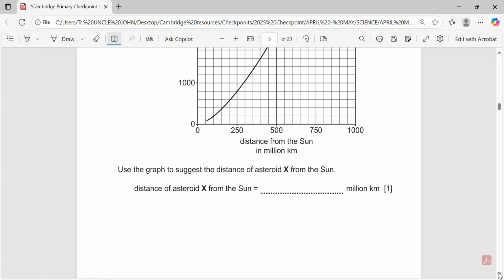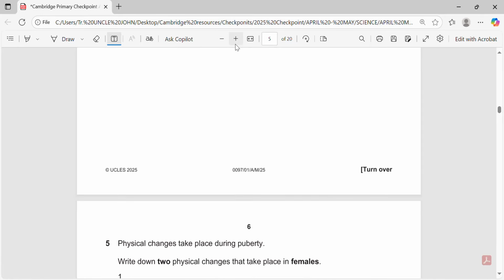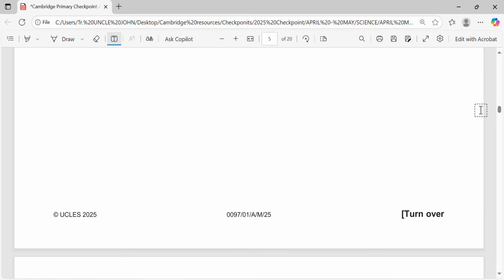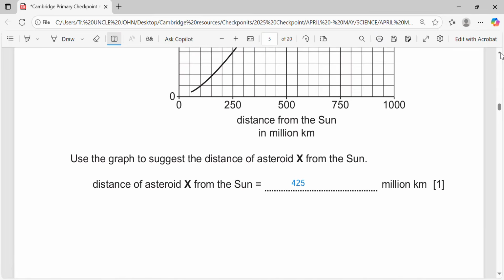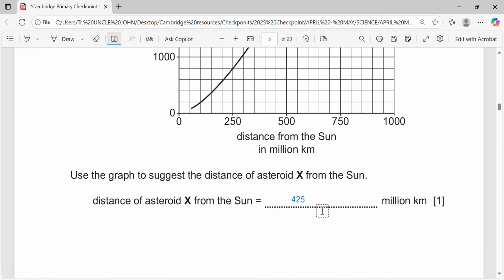Use the graph to suggest the distance of asteroid X from the Sun. The distance of asteroid X from the Sun is equal to 425 million kilometers.